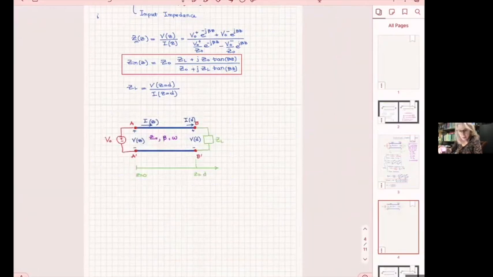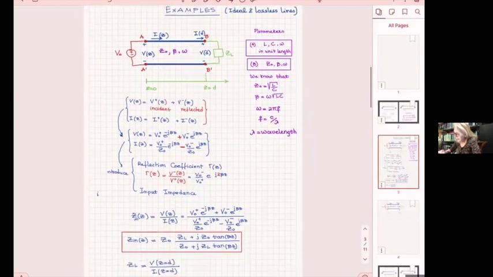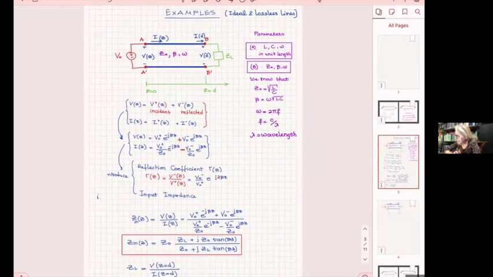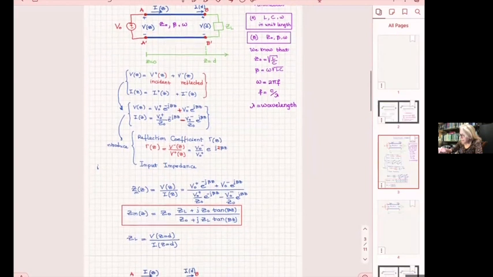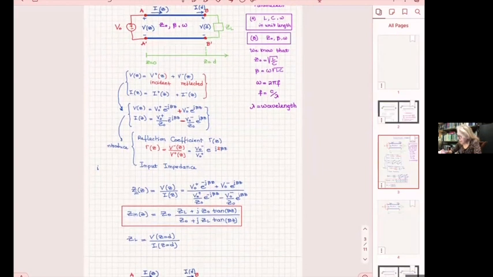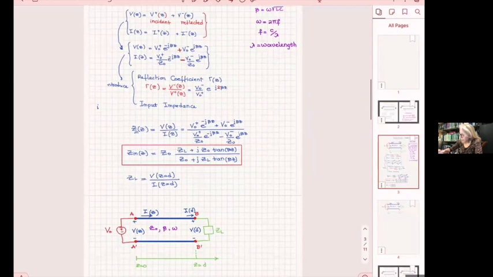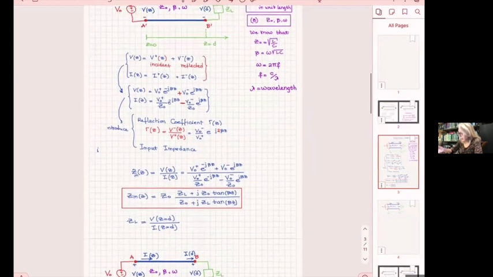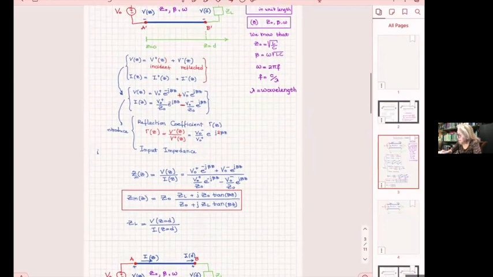Professor, can you scroll up? I see we have I equal to I plus with I negative, but on the second equation, I see it has a minus sign. Yes, because there is an important relationship you need to remember. So Z naught, the characteristic impedance of the line, you saw that here.